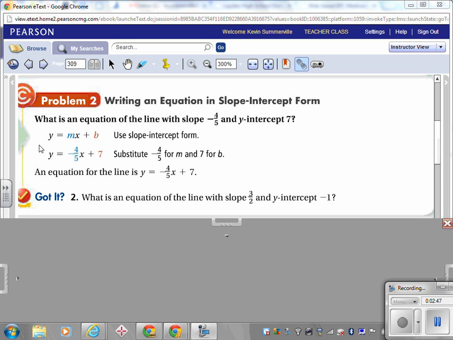It's because of the slope-intercept form telling you that m is my slope, which is negative 4 over 5. b is my y-intercept, which is 7. So my equation is y equals negative 4 over 5x plus 7. Go ahead and do Got It number 2.